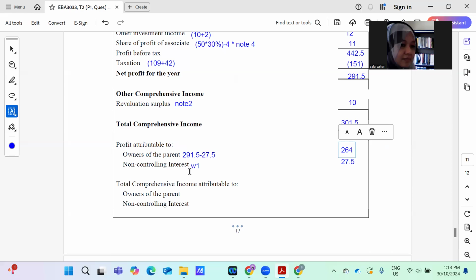All right. Next, to get the total comprehensive income attributable to, just now we have the 264 for the parent, and the NCI just now is how much? 27.5. This one just take from here. But now we need to take the comprehensive income attributable.